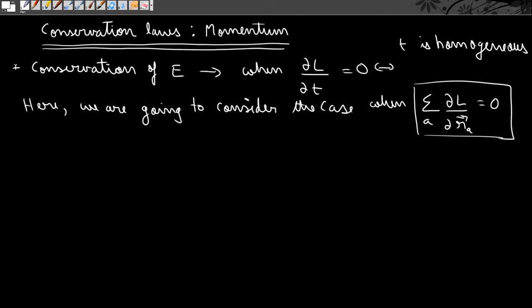Before we fully understand the meaning of this, let us go ahead and do some math and see what is the consequence if this condition is satisfied, and later on with some examples we will try to understand what exactly this condition implies.